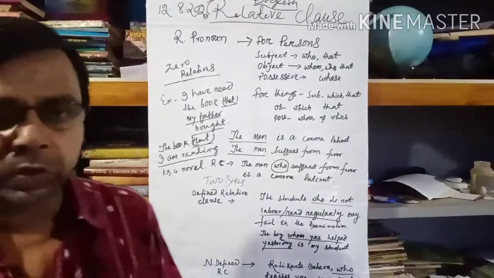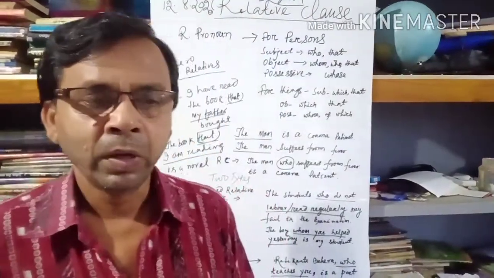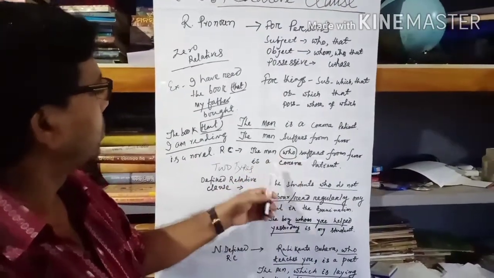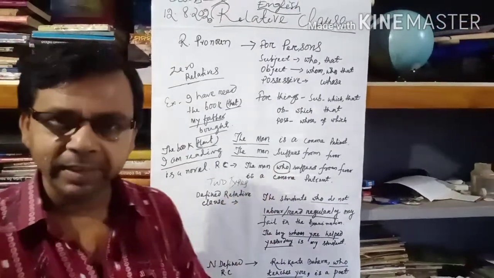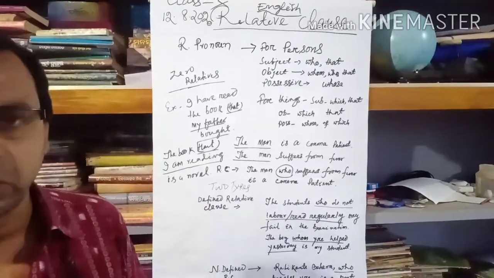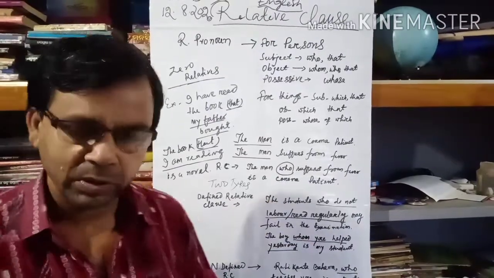Now the question is, what is the function of the adjective? The function of the adjective is to modify the noun or the antecedent and give extra information about it.